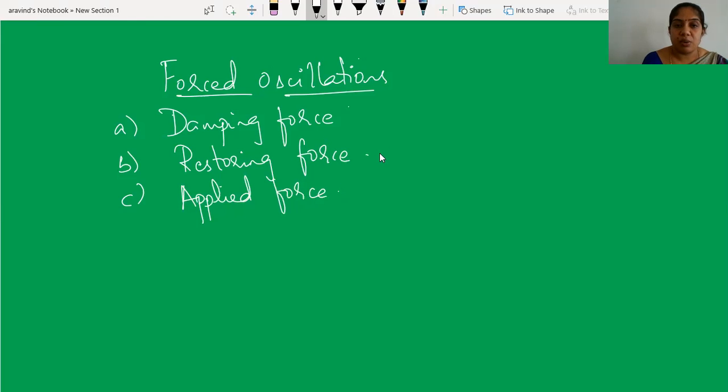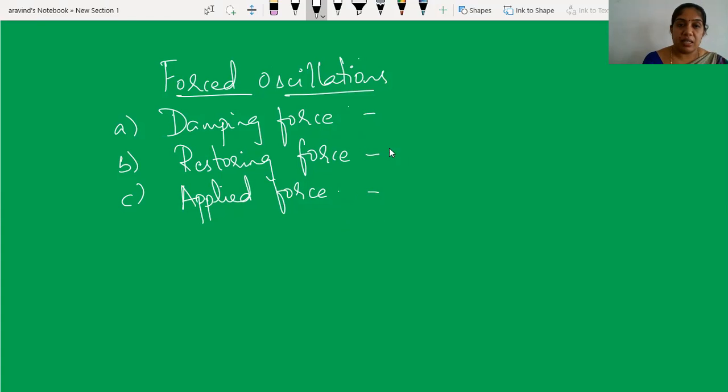Now, this restoring force exists by nature in any case of simple harmonic motion. And suppose if I don't apply any external force, the oscillations die naturally because there are damping forces which are acting on the oscillations and trying to bring them to the halt. Now, in this special case of forced oscillation, we are also applying external force.